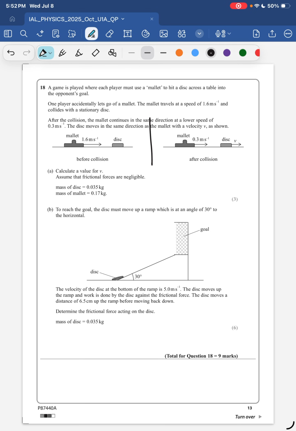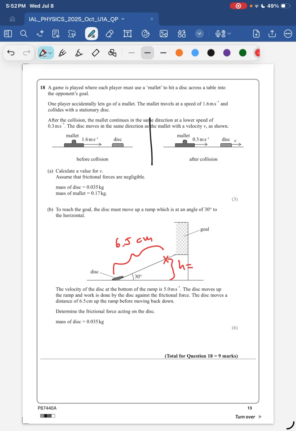Okay, the way I thought about it, maybe there's a better way to explain it, but I thought about it as follows. So this is the distance up the ramp. The disk covers the 6.5 centimeters. Okay, therefore it makes it up to a height h, right?